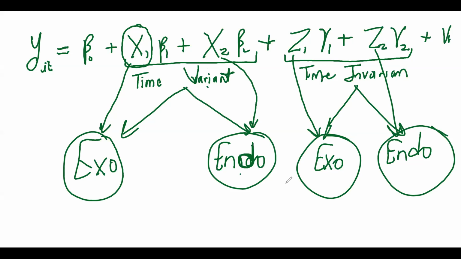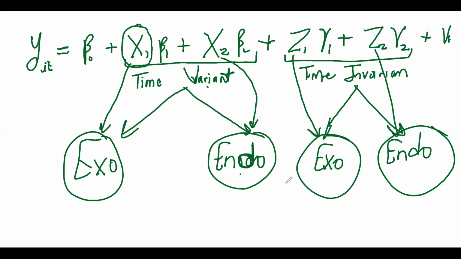And in the data, if you see in the data, I applied this regression model. So the software divides the variables into four categories. This X1 is time variant but exogenous. So I put X1 here, and then X2 variable is time variant but endogenous variable.